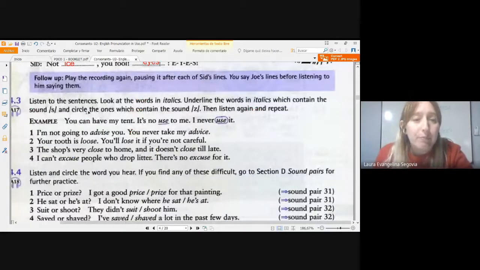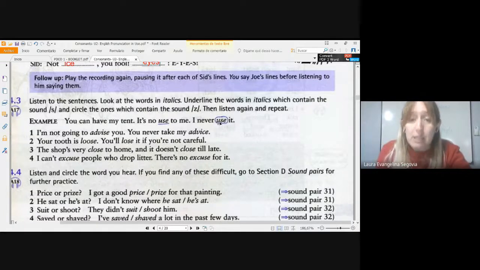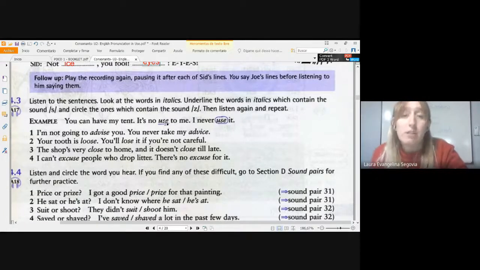Let's see. Here you have to mark the difference between these different words. For example, you can have my tent. It's no use to me. I never use it. So you have to circle the sound z and underline the sound s.